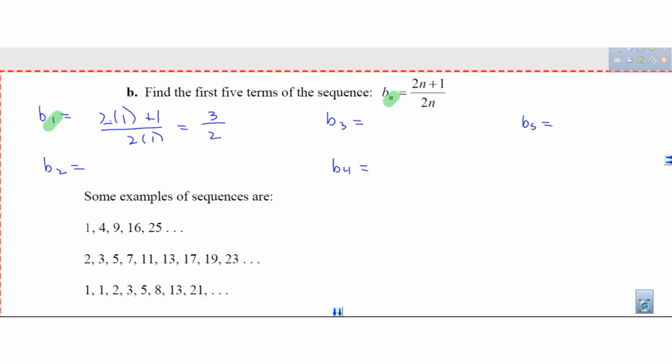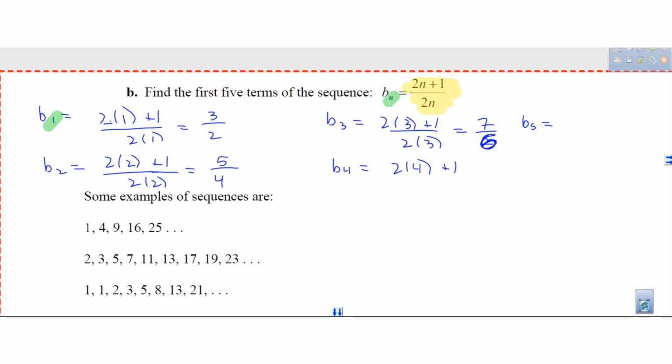For the next one, use the formula over here that I'm highlighting in yellow and just put a 2 in for n. So it's 2 times 2 plus 1 over 2 times 2. 2 times 2 is 4. 4 plus 1 is a 5 over 4. b sub 3, 2 times 3 plus 1 over 2 times 3. 2 times 3 is 6. 6 plus 1 is 7 over 6. b sub 4, 2 times 4 plus 1 over 2 times 4. 2 times 4 is 8. 8 plus 1 is 9, so you get 9/8.